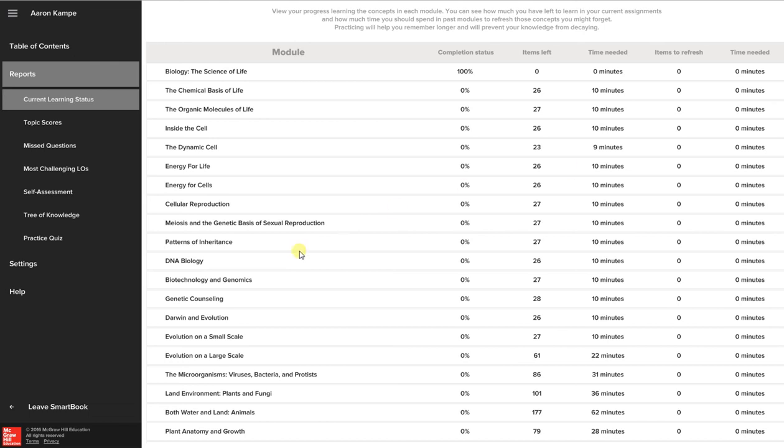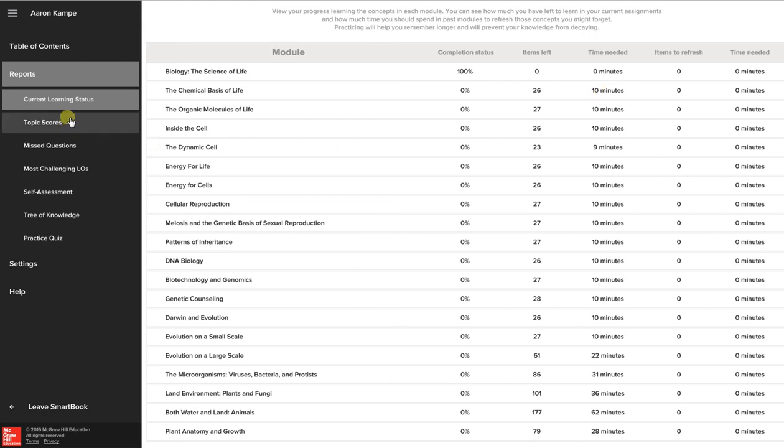So, if we go through and we look at our current learning status under the Reports tab beneath Table of Contents, in your Learn Smart book, it will show you that you've completed 100%, and then you have no time remaining. And for your remaining topics, it shows you how many questions you have to answer, approximately how much time it will take you if you're actually familiar with this material, and so forth.